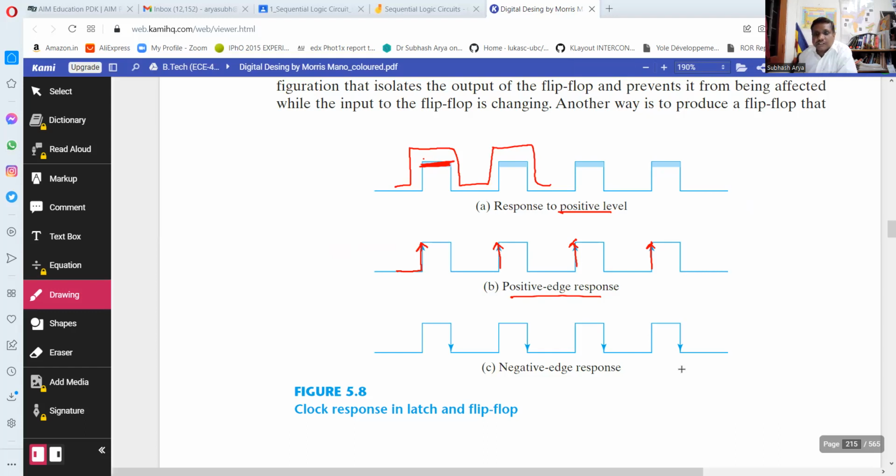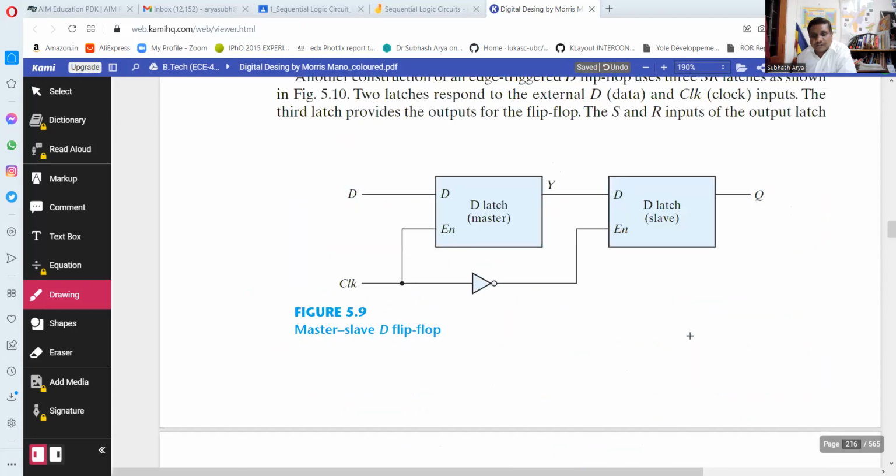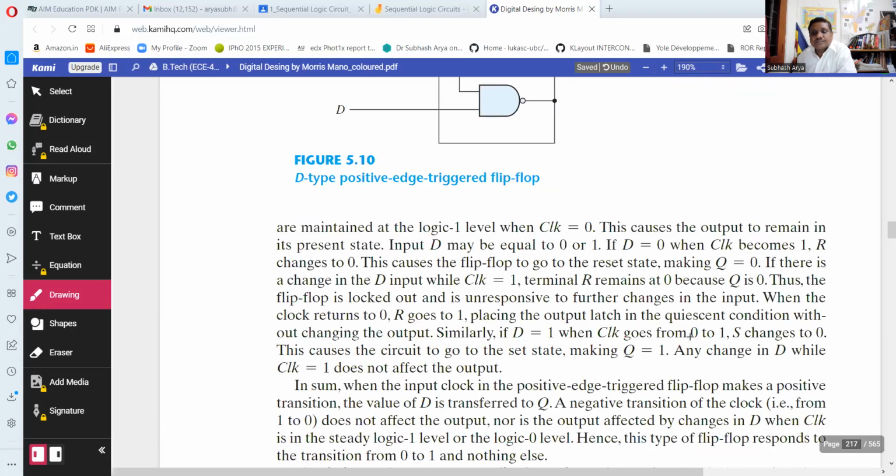If you have designed your circuit to change its state based on the falling edge or trailing edge of the clock pulse, then it is called negative edge response. So these are the different kinds of clock: edge trigger, positive edge, negative edge.